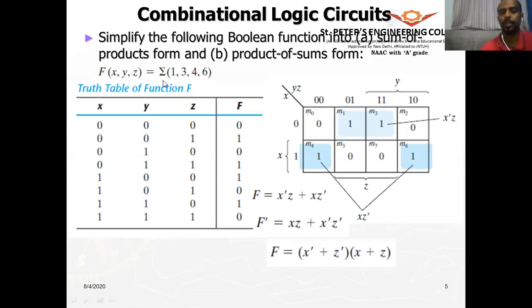And this is the truth table for this problem. Okay, so we can write the POS form as M0, M2, M5 and M7. So we have written it here. So for that, this will be the function.